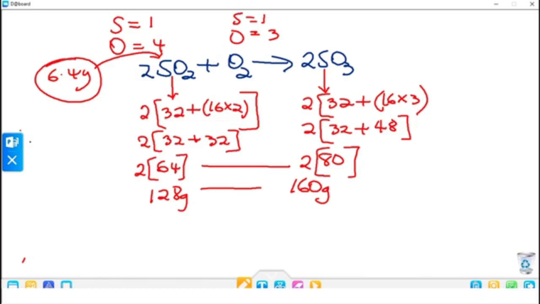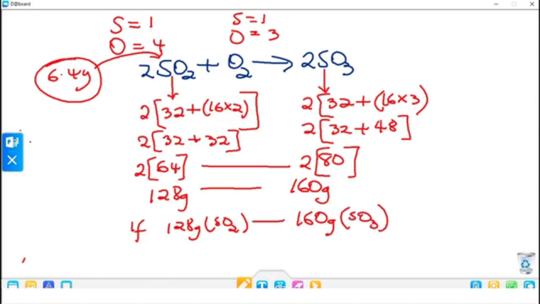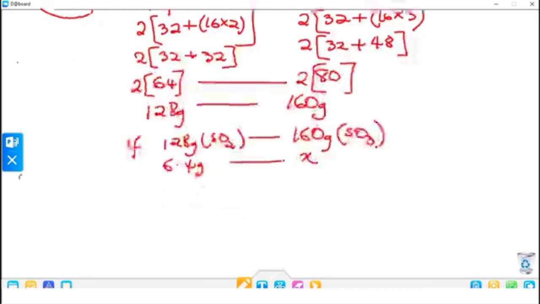So if that is the case, we simply say if 128 grams of SO2 produces 160 grams of SO3, then 6.4 grams of SO2 will produce X of SO3. And the next step is to cross multiply.